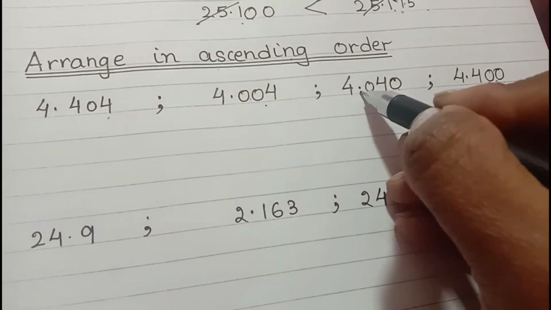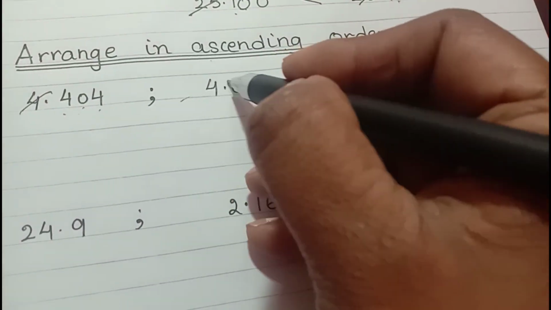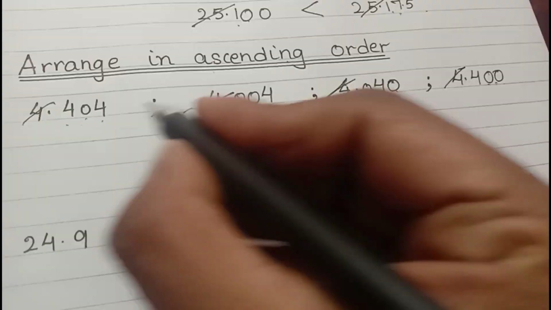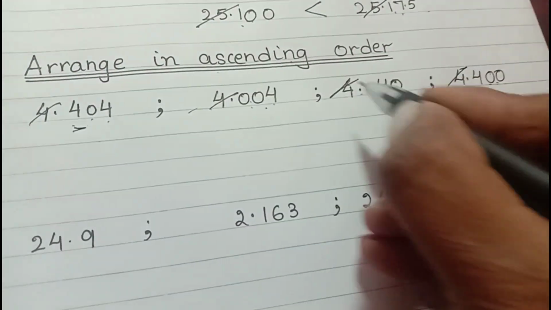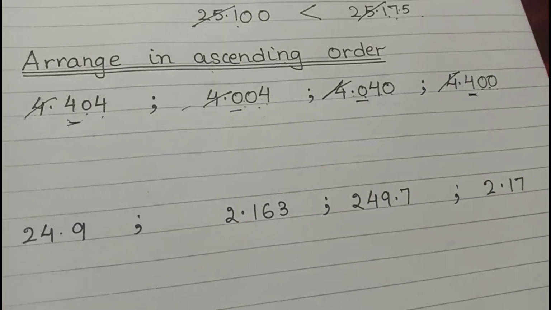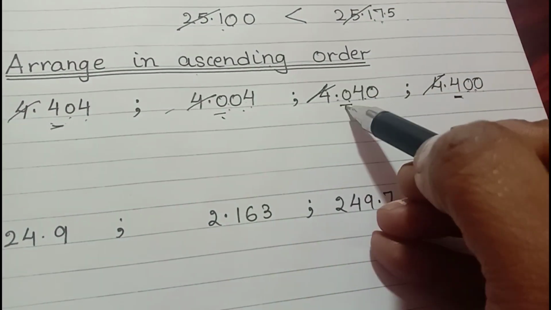Now 3 digits after the decimal in all four. Now the whole number: 4, 4, 4, 4. The whole number is the same. The first digit after the decimal is 4, 0, 0, 4. Now we see that 0, 0 is smaller.